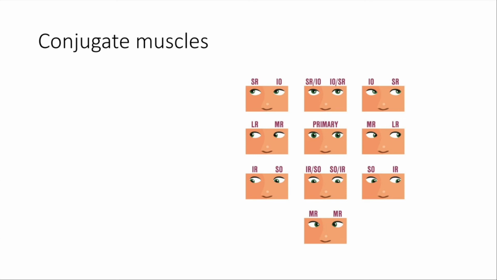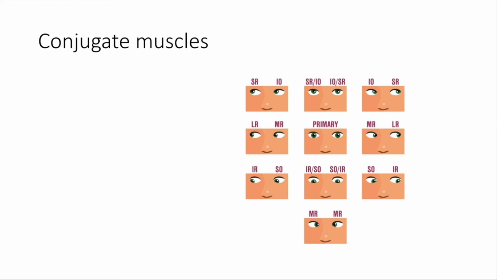So as you know that when you look at something, both your eyes need to work together for you to achieve binocular vision, which is another question that you may be asked, that most human beings have binocular vision, which helps us assess the speed and depth and the distance. So conjugate muscles are basically the muscles which act in tandem or in synchronization to help cause the same movement.